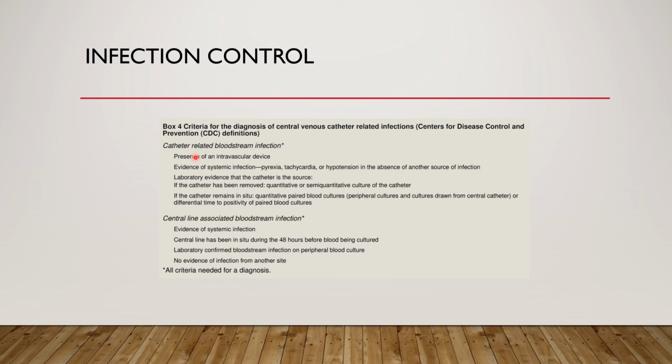To prove it's CRBSI, there are some criteria. We should have quantitative paired blood cultures, or differential time to positivity if it is available in your lab. Or if there is no direct proof, but there is evidence of systemic infection and the line was there in the last 48 hours before the blood was cultured, then that is called a CLABSI.